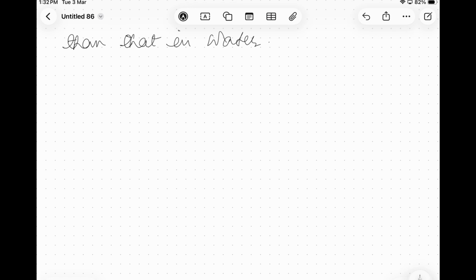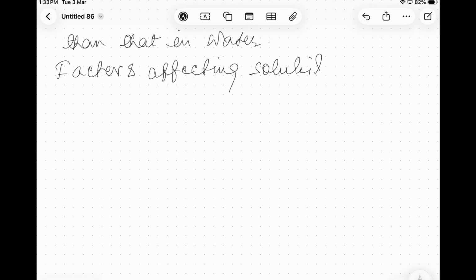Now, effect of temperature. Let us consider the factors affecting solubility of gas in liquid.